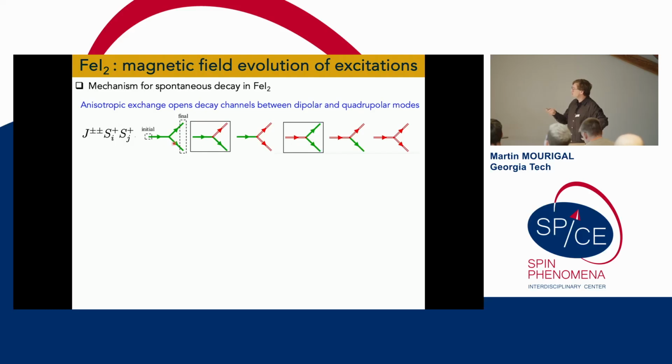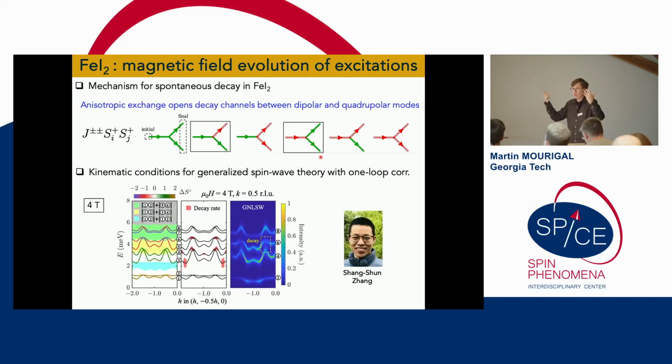So this is one particular parameterization. What this allows is terms that have S plus. So you can have a magnon that emits a single ion bound state and continues its way, or you can have a single ion bound state that decays into two single magnons. So these decays are allowed because essentially the quantum number is not preserved anymore. And if the kinematic conditions are fulfilled, then decay can happen.